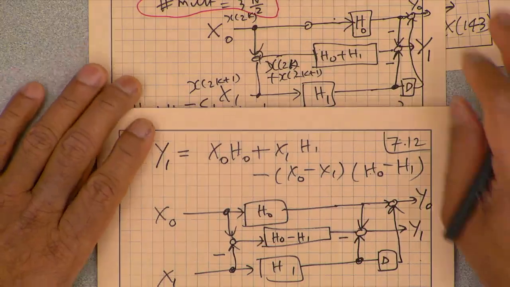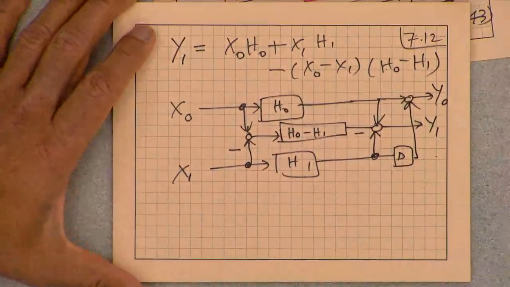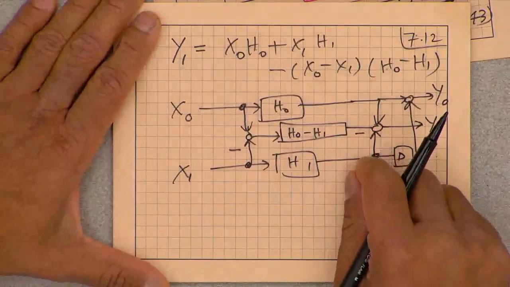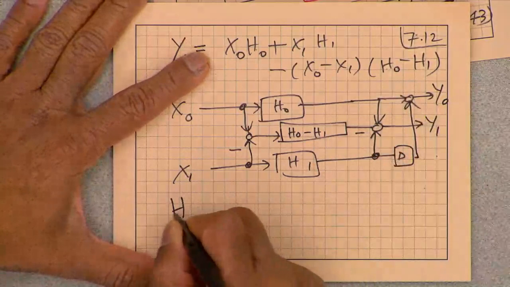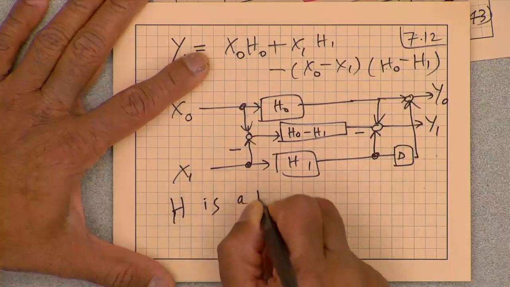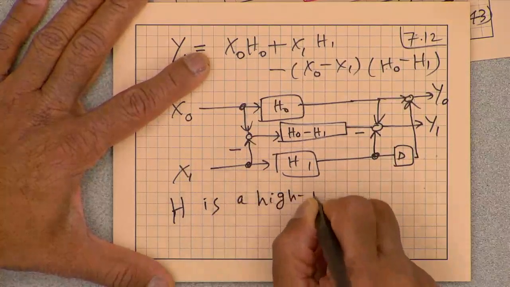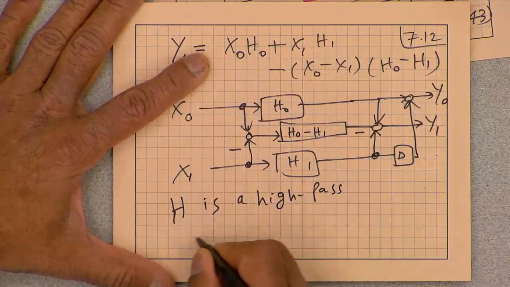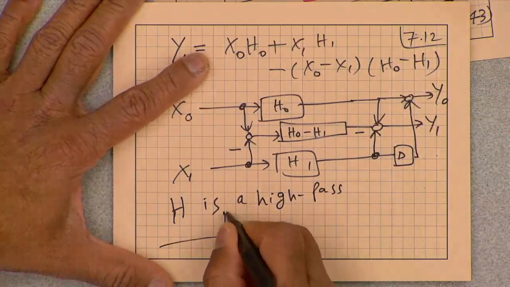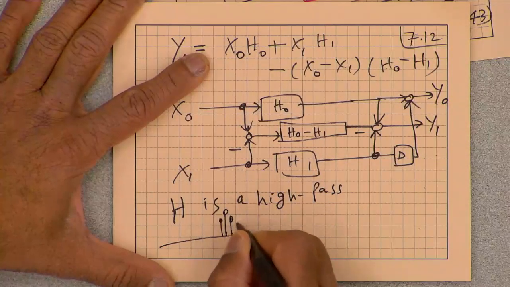So when do you think, intuitively, I won't get into technical details, but let's say that H is a high pass filter. Typically a low pass filter is a smooth filter.